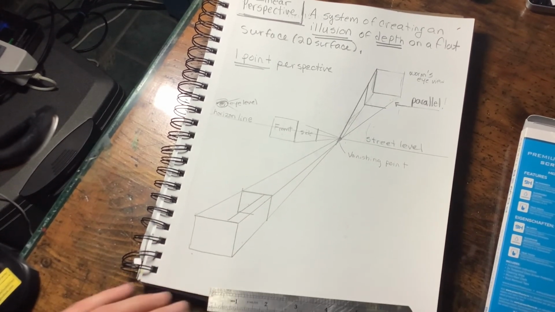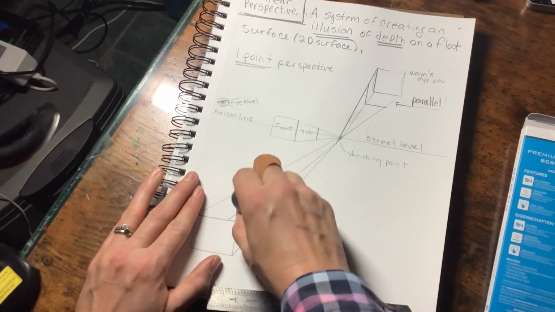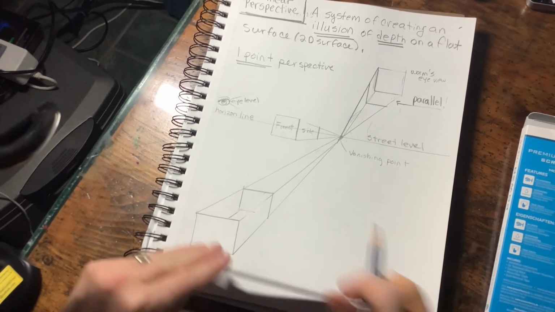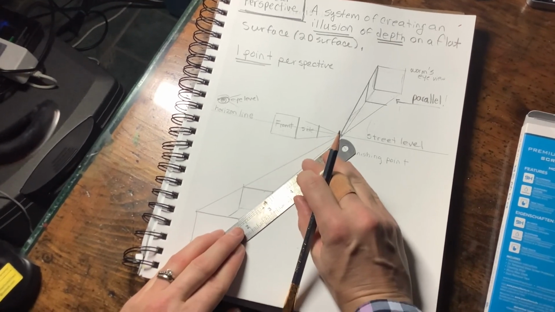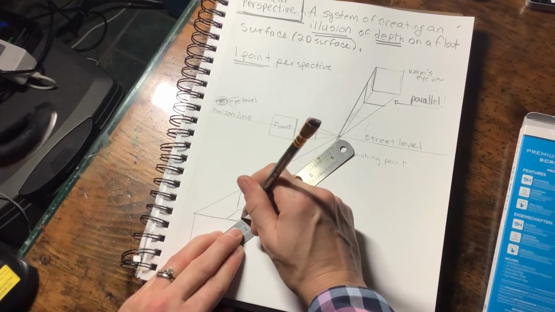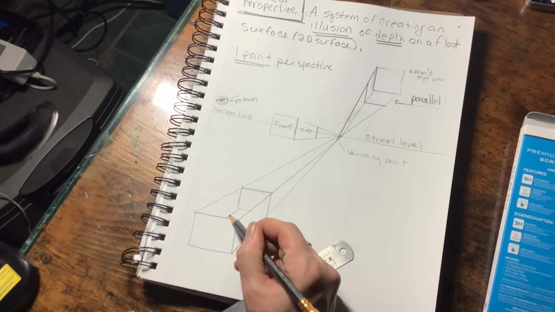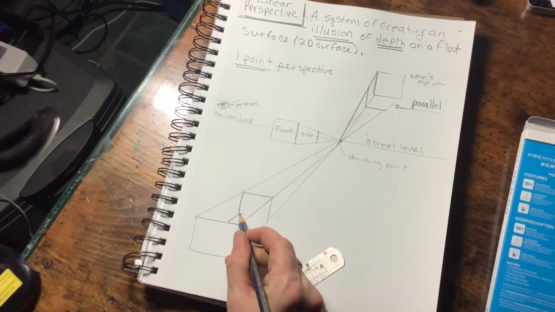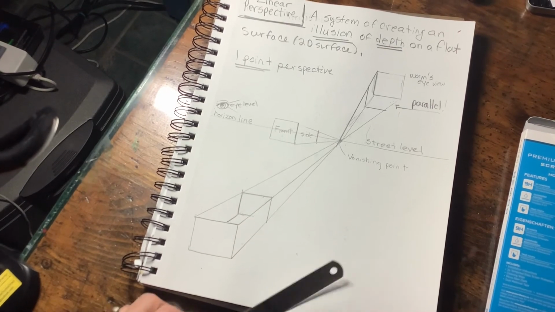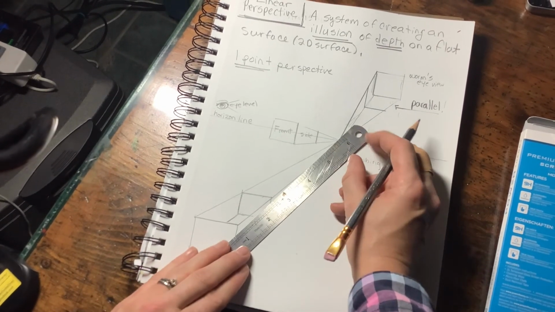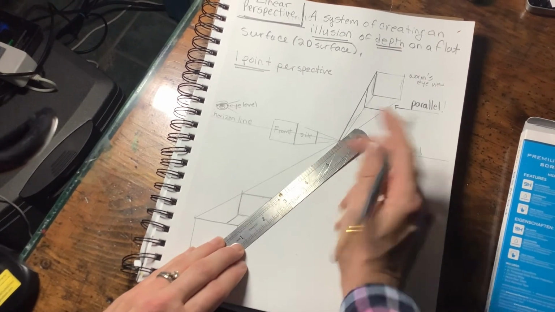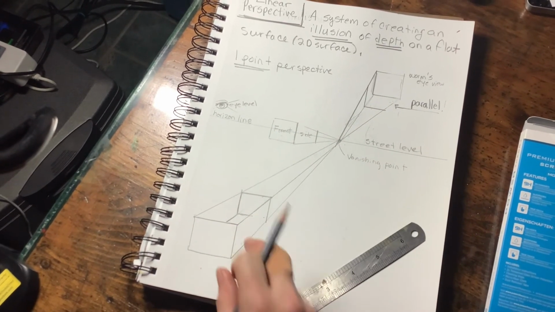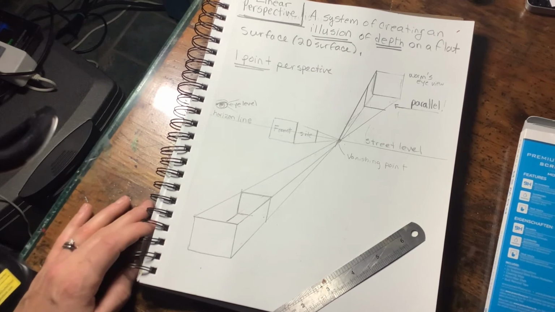And then I would have to erase this part. This takes practice. If you don't get this right away, that's completely understandable. Especially drawing the insides of things, but this is something you might want to know how to do as well.